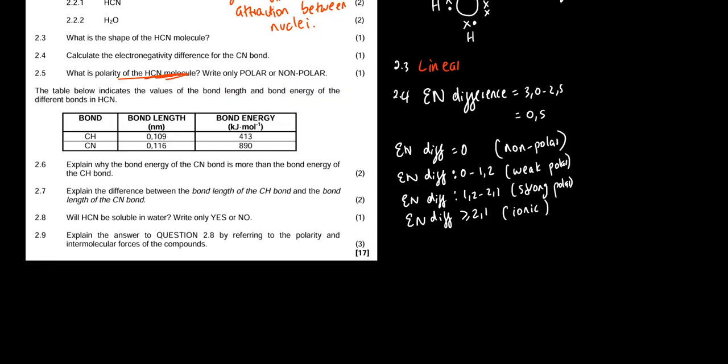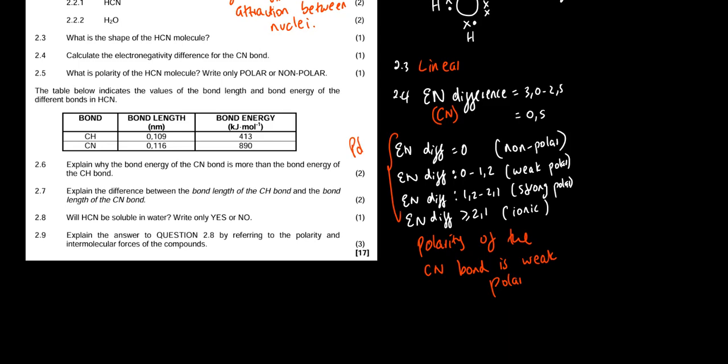If I were to ask you the polarity of the CH bond, because we calculated for that, the polarity of the bond is weak polar. This is the polarity of a bond.